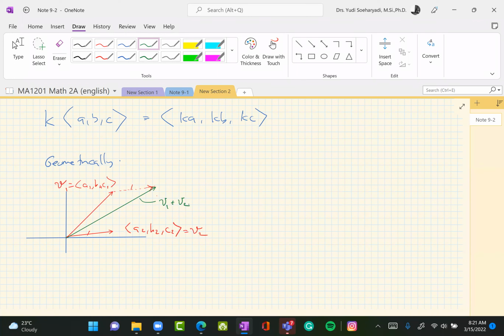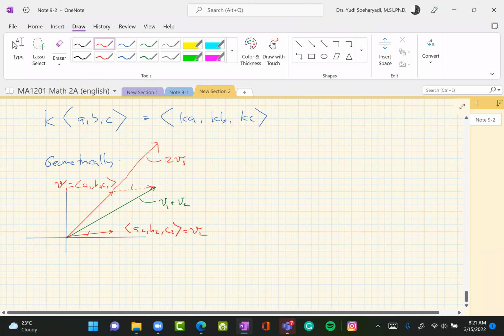What about subtraction? Well, for example, here, then this is equal to V1.